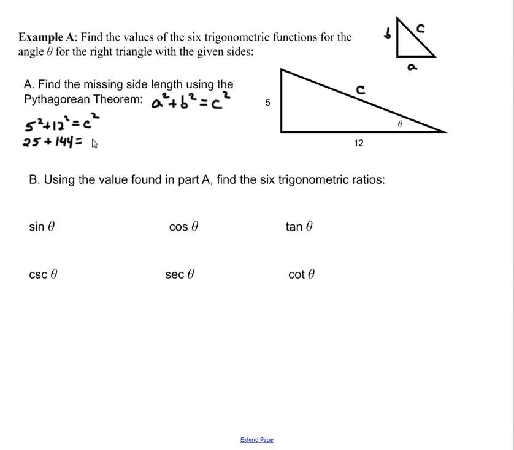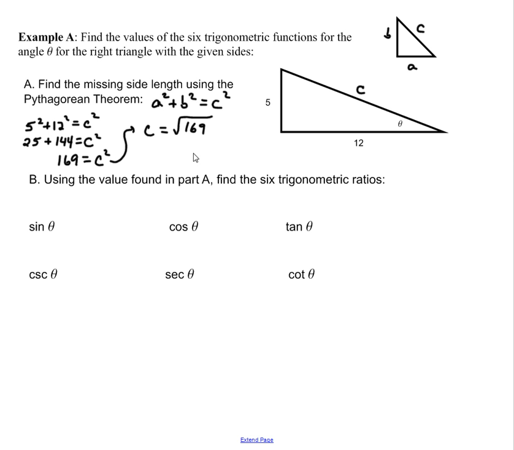That's equal to the square of the length of the side C. 25 plus 144 comes up to be 169. So 169 is equal to the square of the length. We still need to take a square root. So the length of our hypotenuse will be equal to the square root of 169.